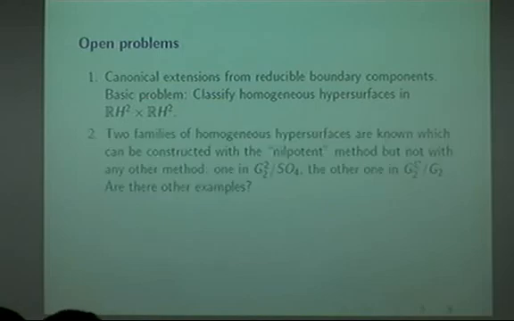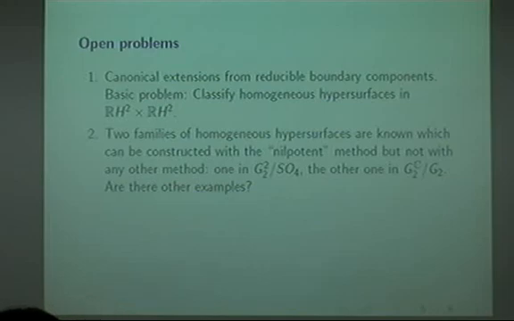And for this nilpotent construction, I didn't explain how this works, but the remarkable thing about it is we can only construct two examples. When you produce a method for constructing homogeneous hypersurfaces, you would like to get many examples, but we get only two. But it is essential that we get these two because we can't get them through any of the other methods which I described in the theorem.